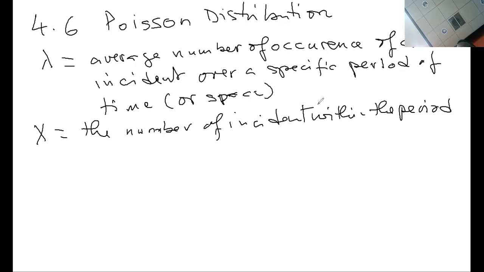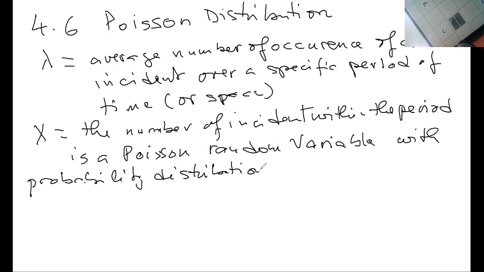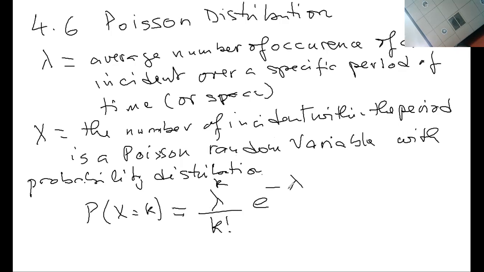Then X is a Poisson random variable with probability distribution: P of X equals k is lambda to the k, over k factorial, times e to the minus lambda.